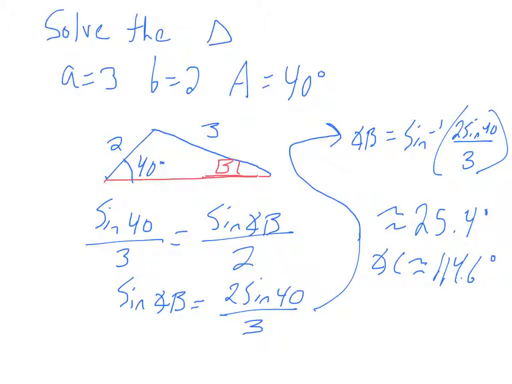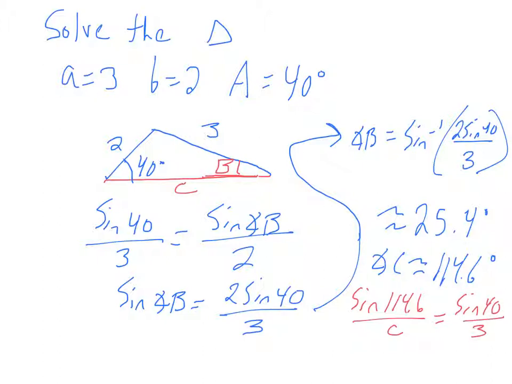And the last side, side C, which I'm going to continue to do in red here, we need to get using law of sines again. So we'll do sine of C, which is 114.6 over little c, is going to equal sine of 40 over 3.